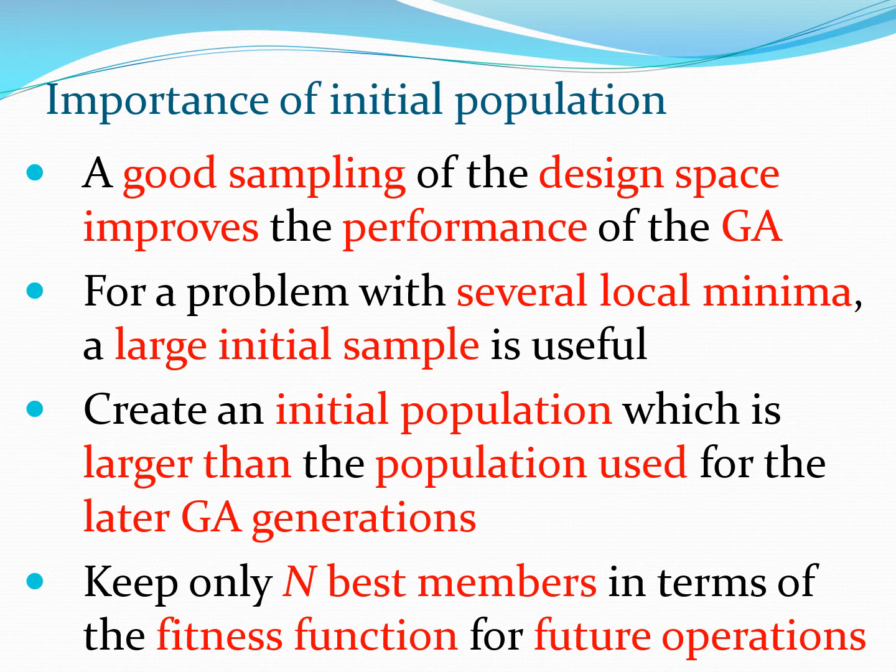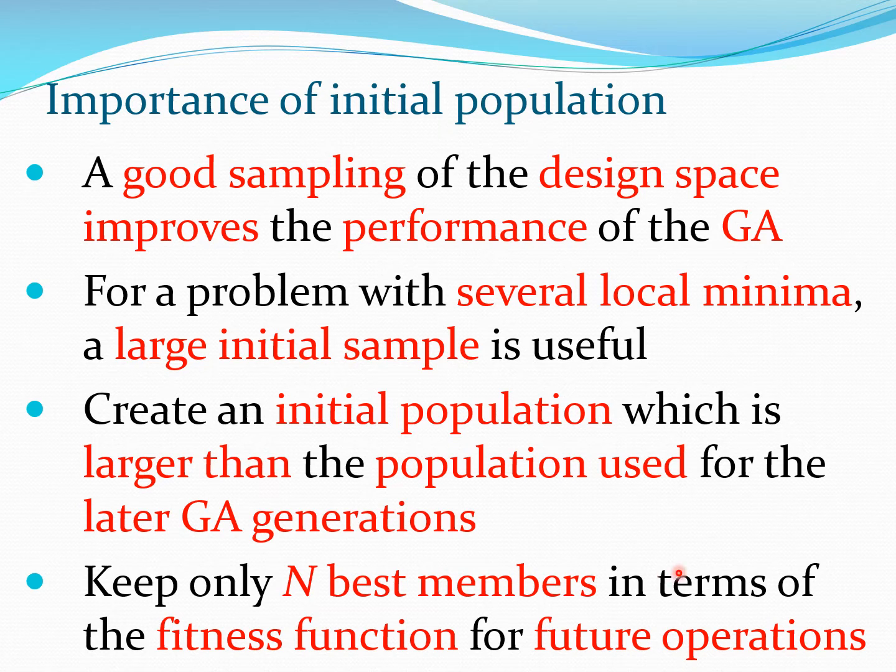And it is often recommended that you create a population which is larger than the population which is actually used in the later GA generations. So in some places we demarcate these two populations and say we start with a number greater than capital N and then we choose capital N as the starting population.